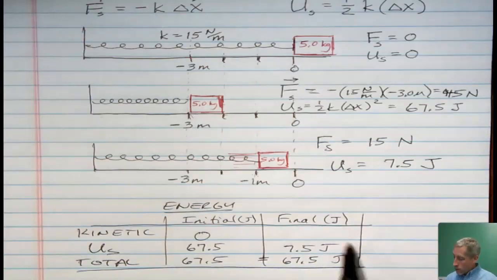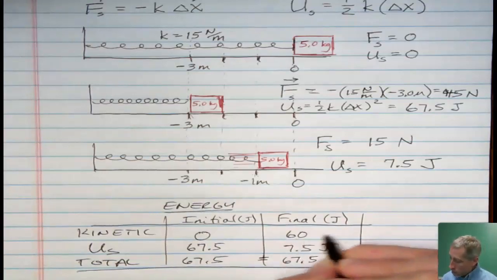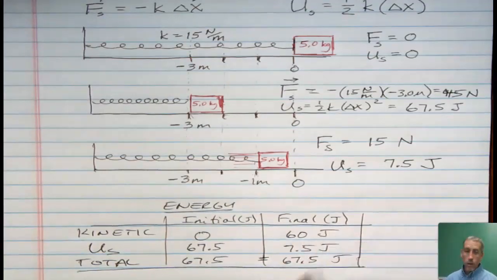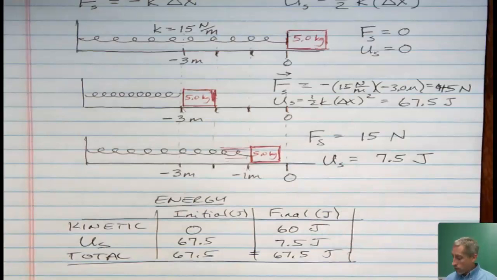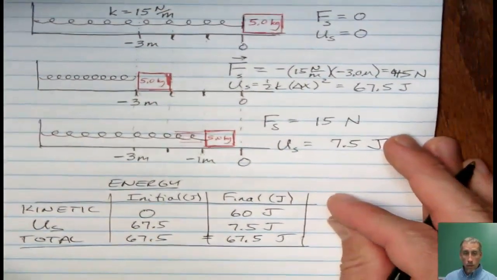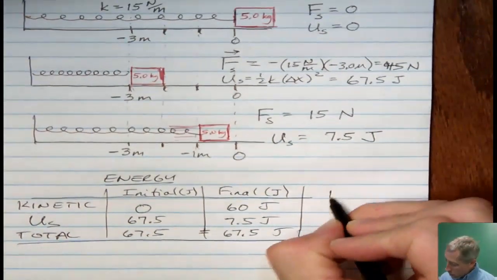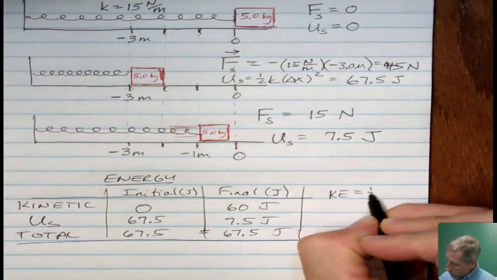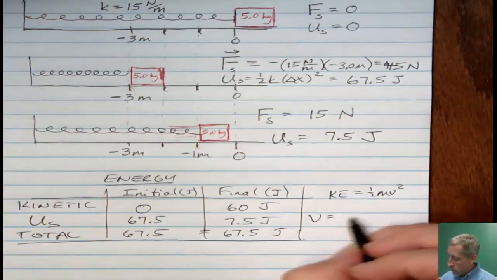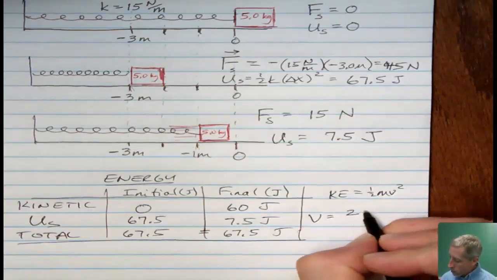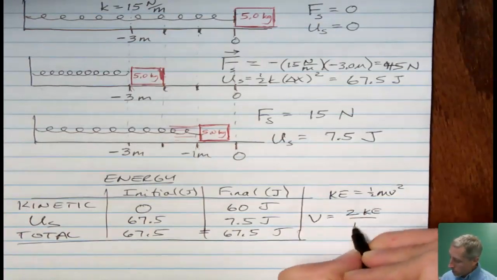Well, now I can see that to have 67.5 joules of total energy, I'm going to need 60 joules of kinetic energy. So how fast does this object have to be going to have 60 joules of energy? Remember, the kinetic energy is 1/2 mv squared, or a lot of times we use it in this form: the velocity is the square root of 2 times the kinetic energy divided by the mass.